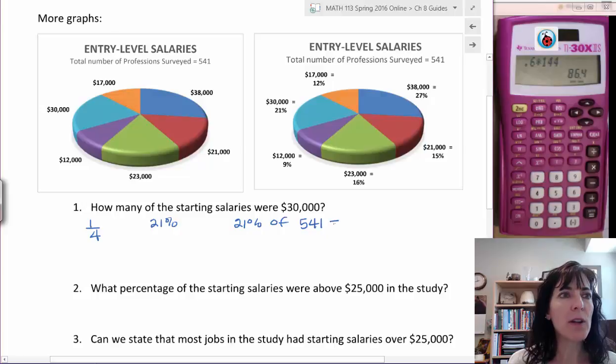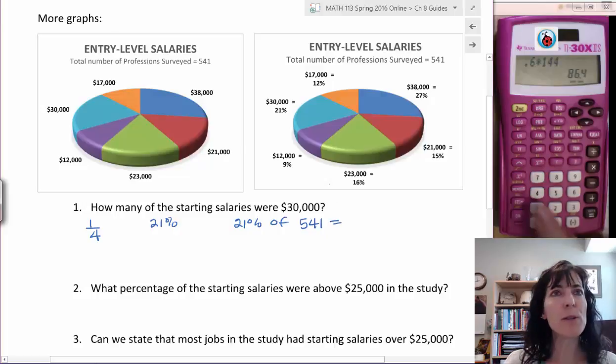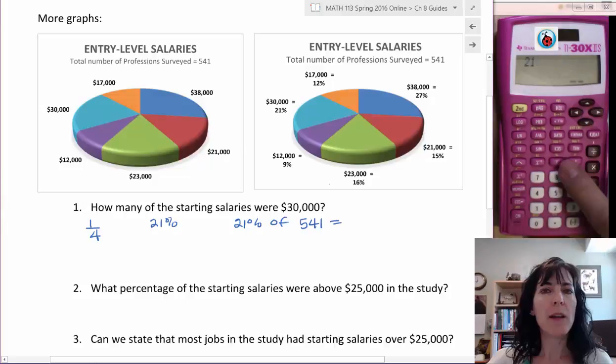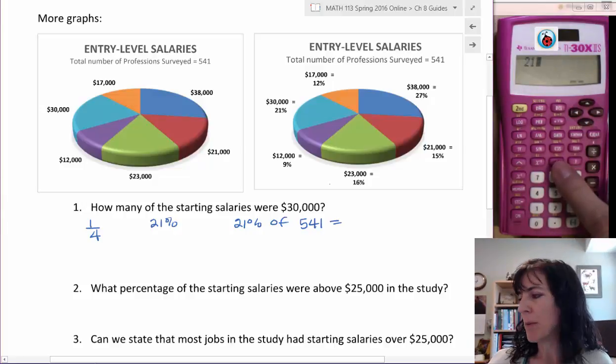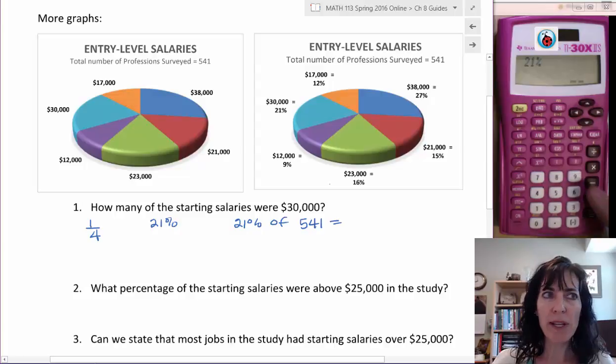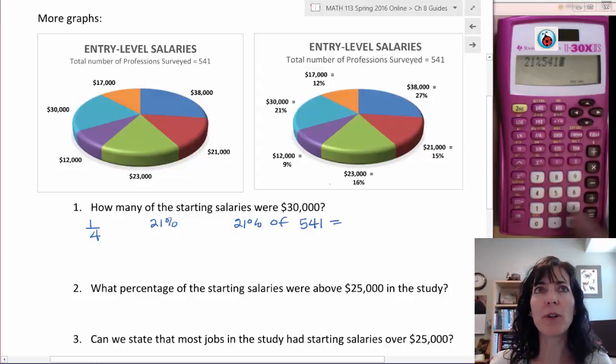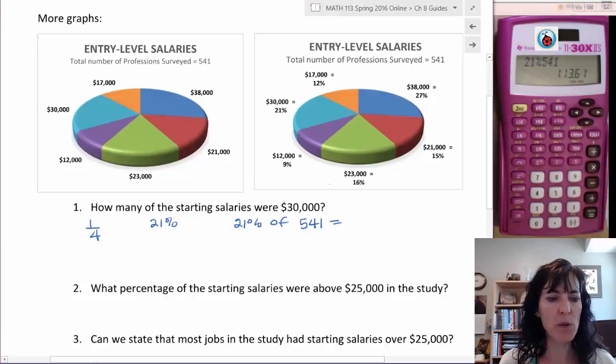To do that, I have a couple of methods. I can use my calculator and find 21, use my percent button here, remember, the 21%, and do the 541. I get 113.61.